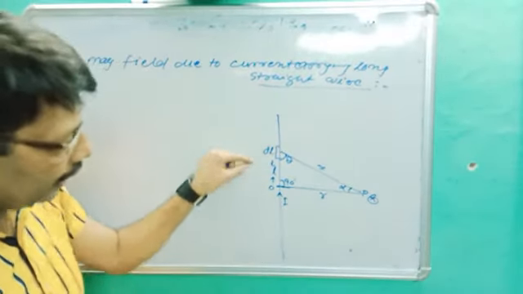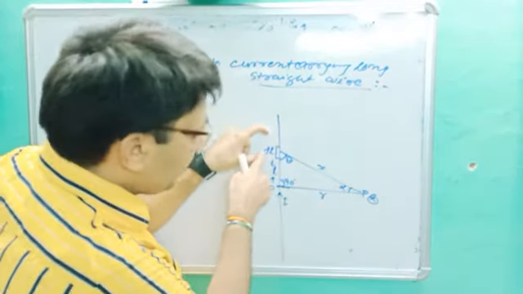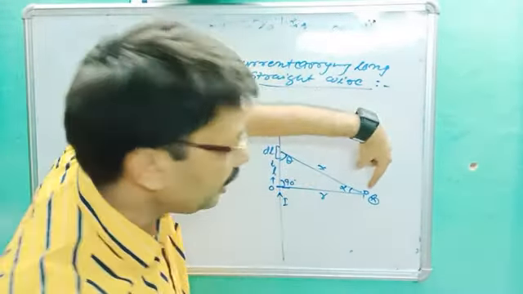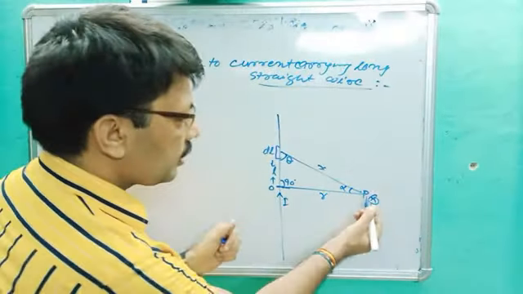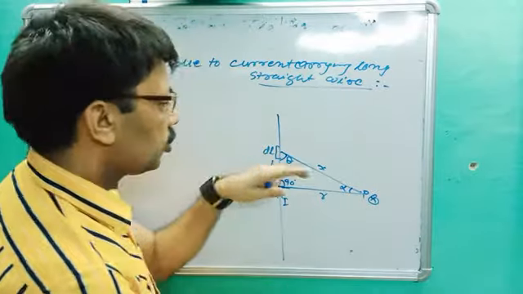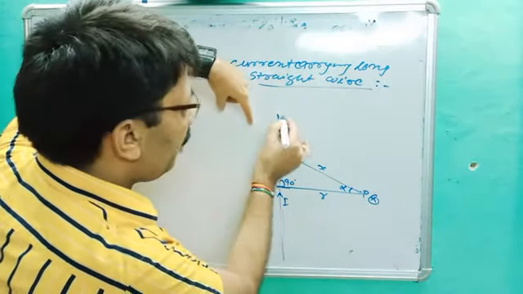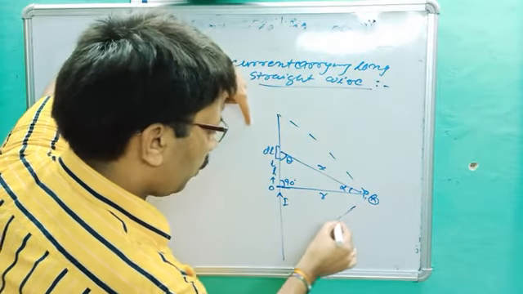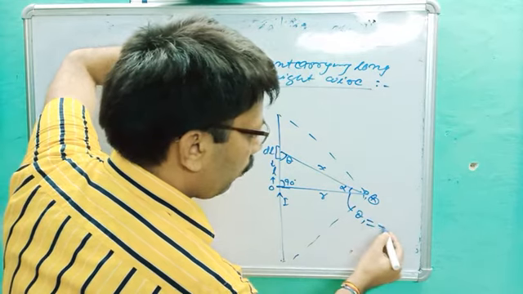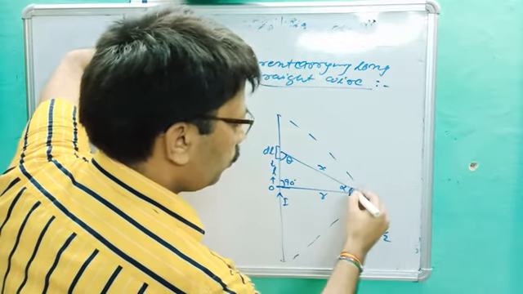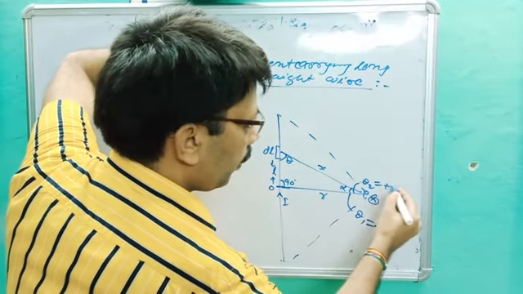From the midpoint at distance L, a current element is dl. From dl at distance x, a point is P, at which we are trying to find the magnetic field, and the distance from the midpoint is r. First we will get the magnetic field due to dl at P, then we will integrate from top to bottom, theta 1 equals minus pi by 2 to theta 2 equals plus pi by 2.